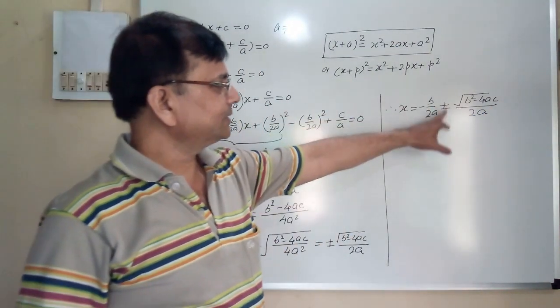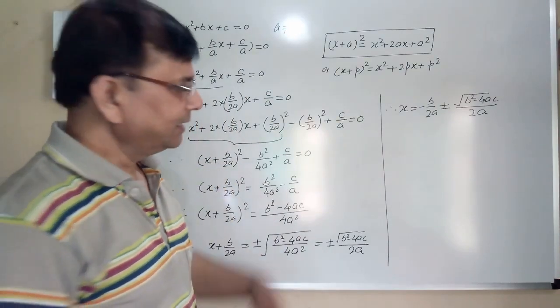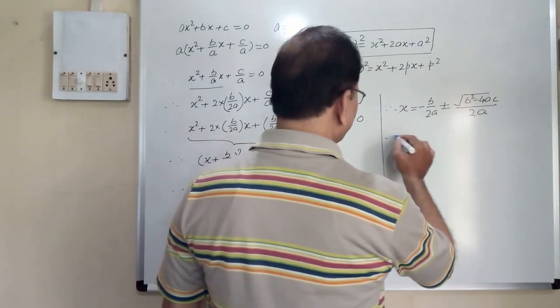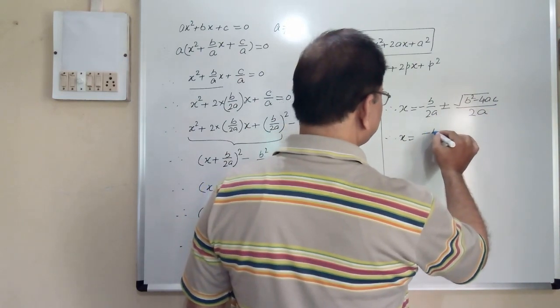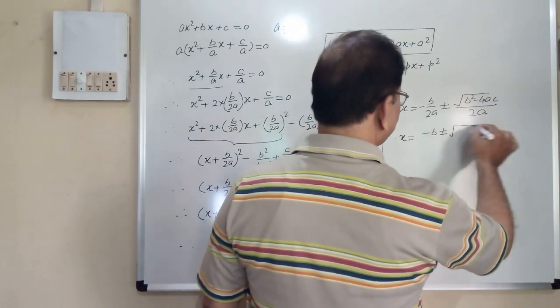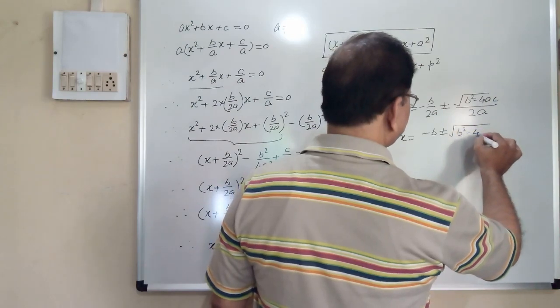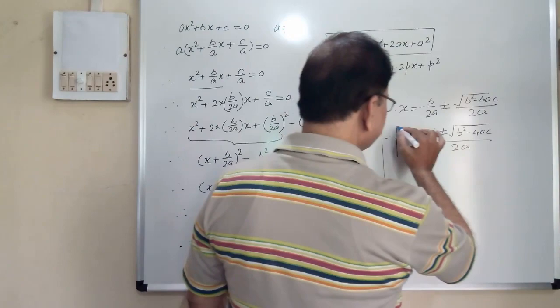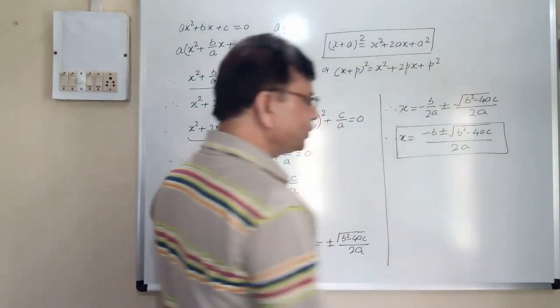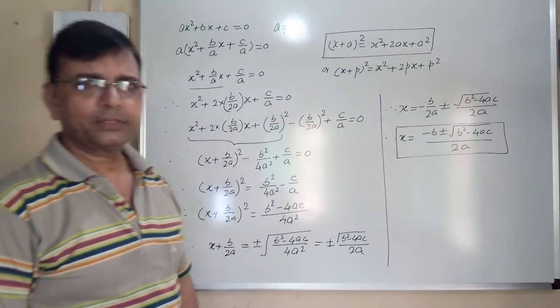So with plus minus, we are getting two values of x. Further it can be simplified: since the denominator is the same, x is equal to minus b plus minus under root b square minus 4ac upon 2a. Now this is used as a formula.